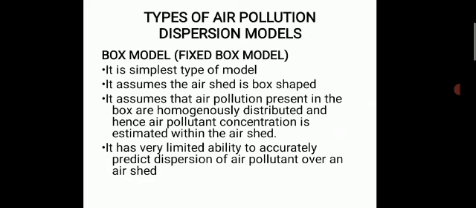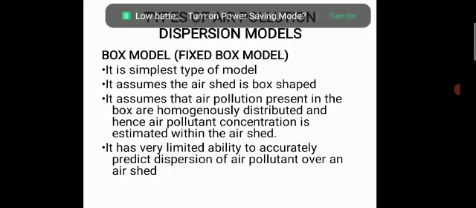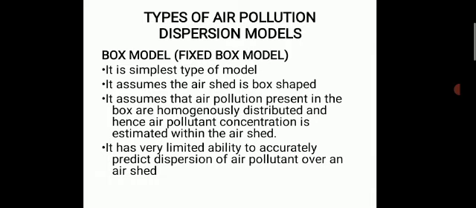It assumes the airshed is box shaped, and that air pollutants present in the box are homogeneously distributed. It has very limited ability to accurately predict dispersion of air pollutants over an airshed.